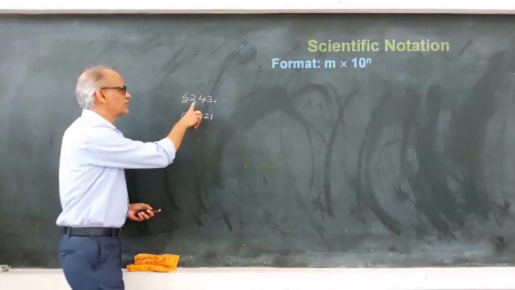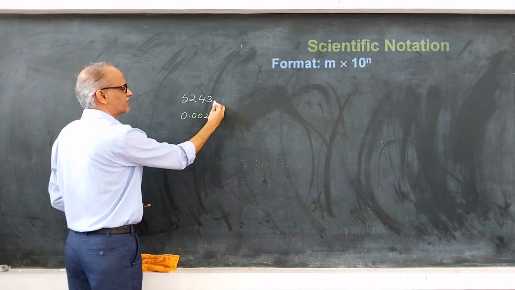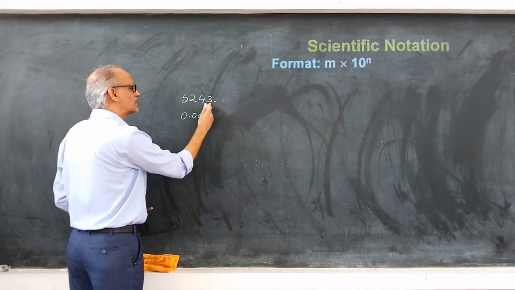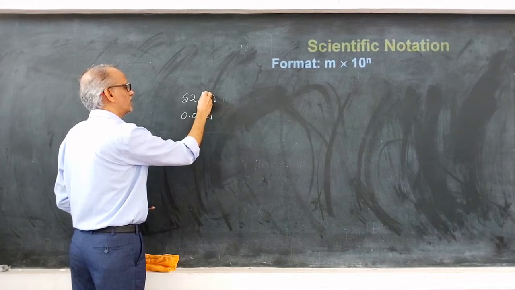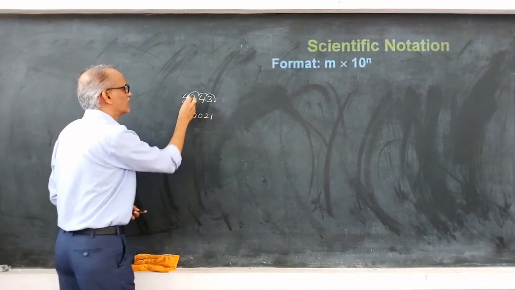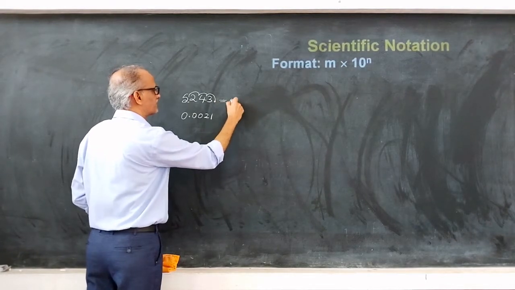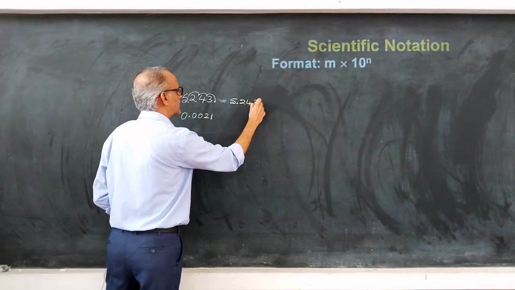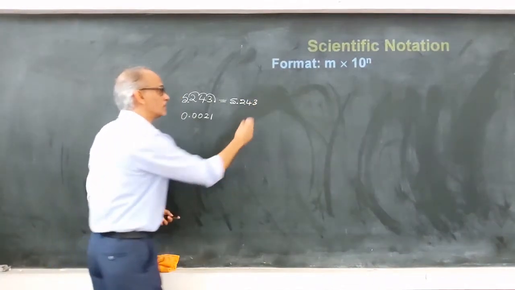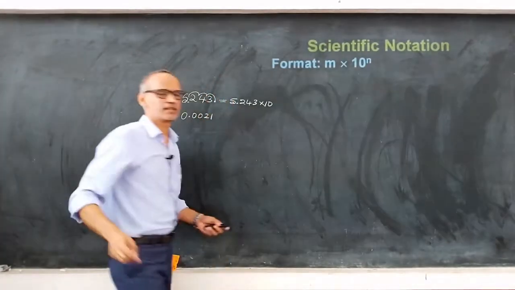In the case of a number greater than 1, we shift the decimal point to the left. Start from here. This is 1, and then 2, and then 3. Now the decimal point has come here. So immediately write 5 point, write the rest, 243, into 10 raised to the power. I have to write in terms of 10 to the power.